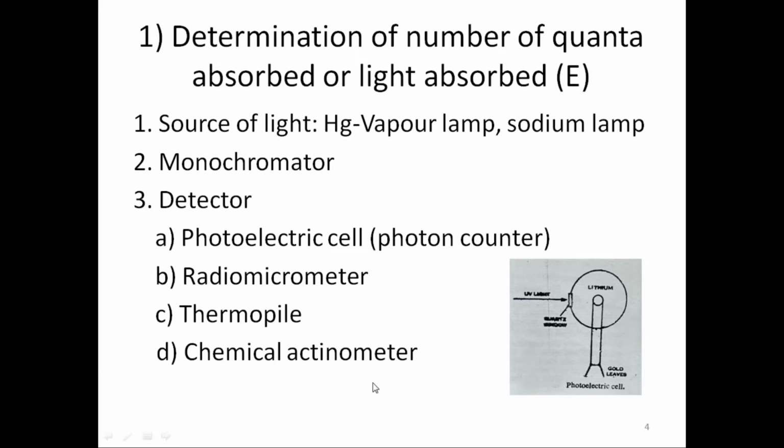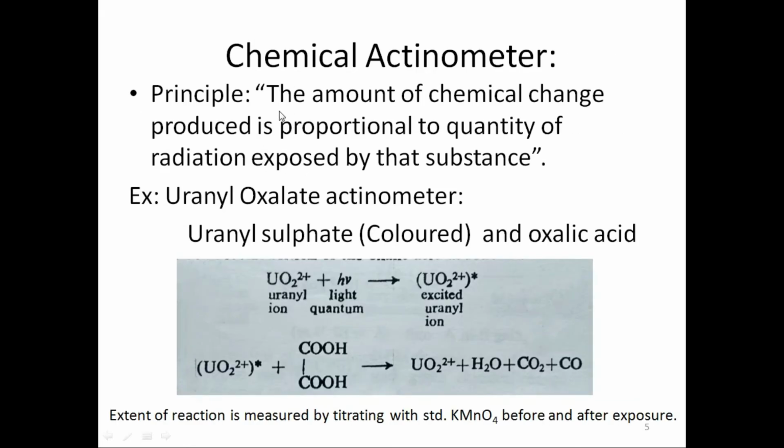The fourth one is the chemical actinometer. It is commonly used and is a most accurate method. It is based on the principle that the amount of chemical change produced is proportional to the quantity of radiation absorbed by that substance.